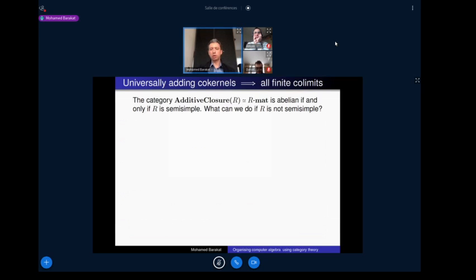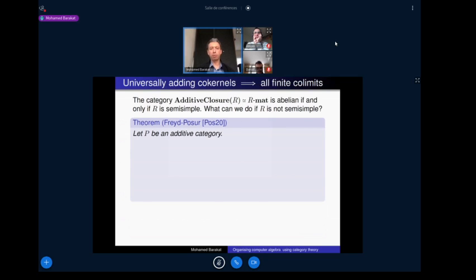So the question is, what can we do if R is not semi-simple? If R is a field, more or less we're done. We have actually the category of all finitely generated vector spaces. But if R is Z, or as we saw, the polynomial ring in 2 variables over a field, then this is far away from being abelian.